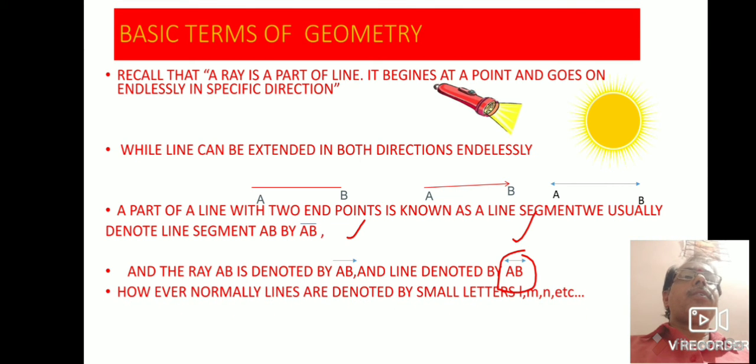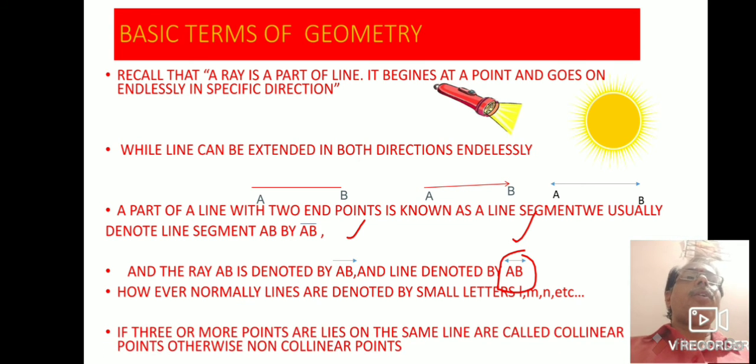However, normally lines are denoted by small letters l, m, n, etc. Now one more definition. If three or more points lie on the same line, they are called collinear points, otherwise non-collinear points.